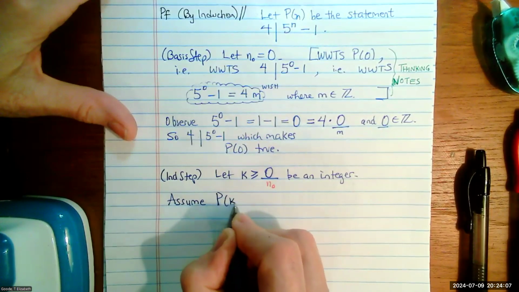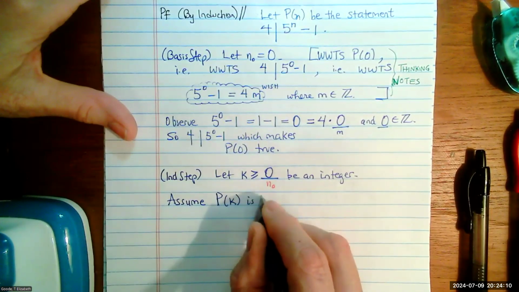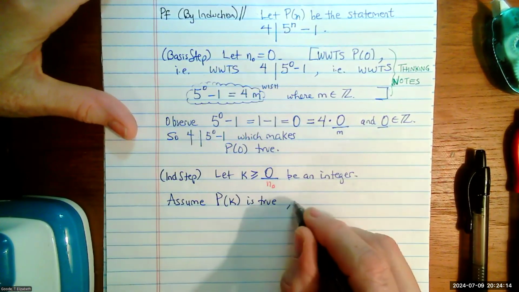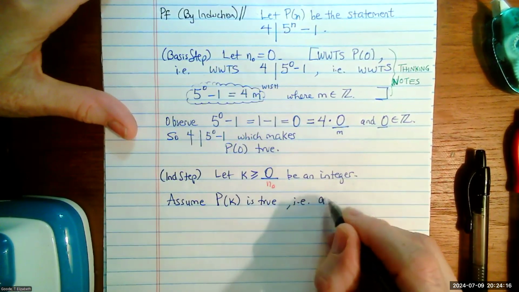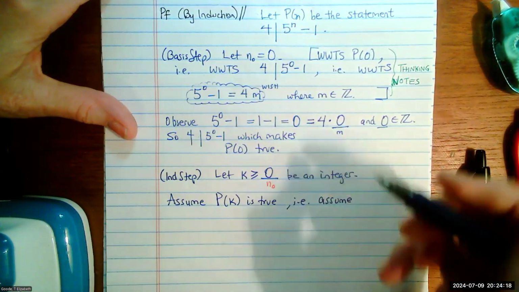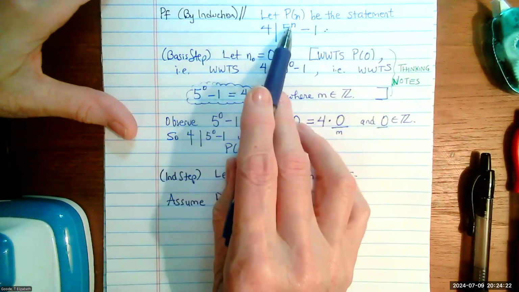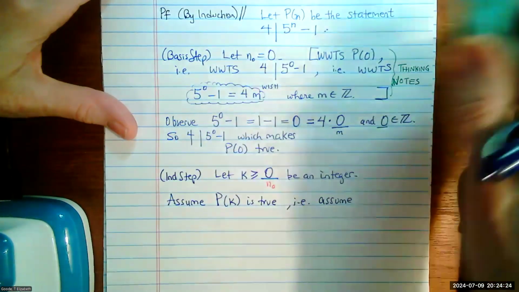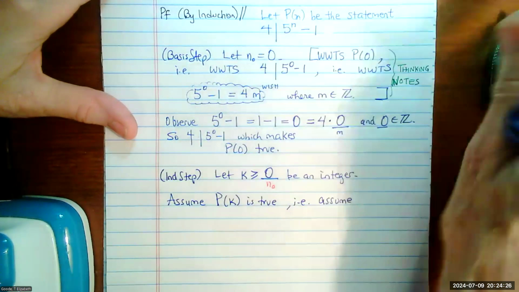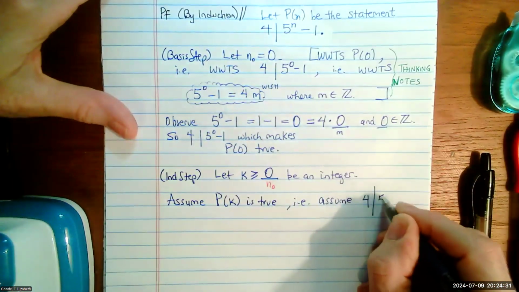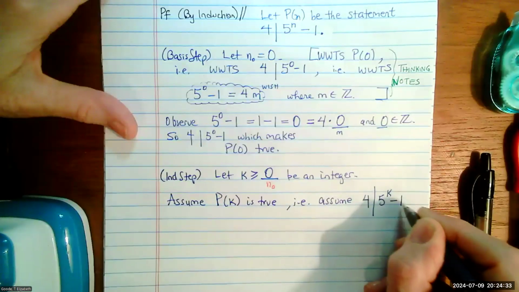You have certainly earned them. Assume P of k is true. That's our inductive hypothesis, always. I.e., let's take a look at what P of k is going to be. Okay, here's P of n. So P of k, we just put a k in where the n is, right? So P of k is the statement that 4 divides 5 to the k minus 1.